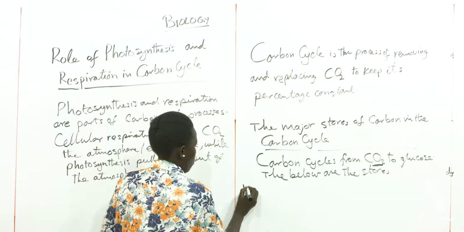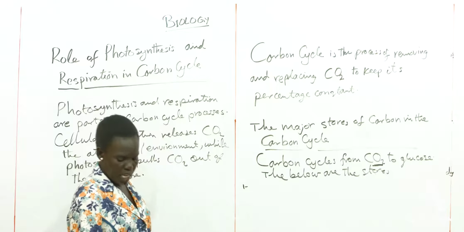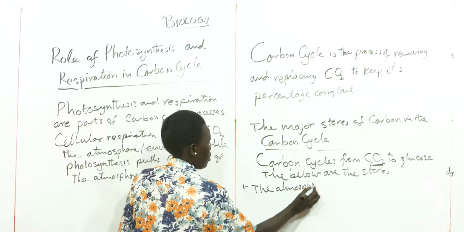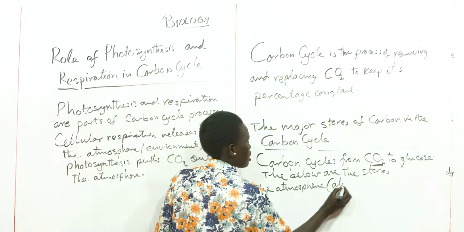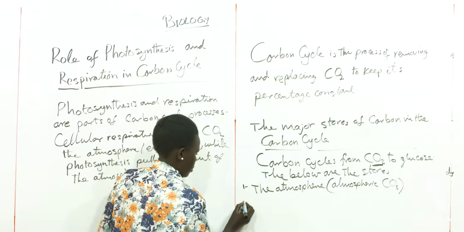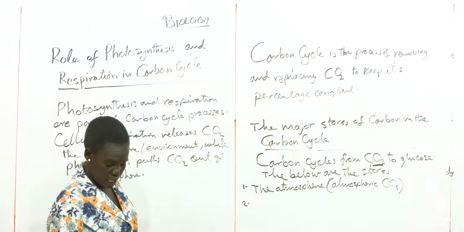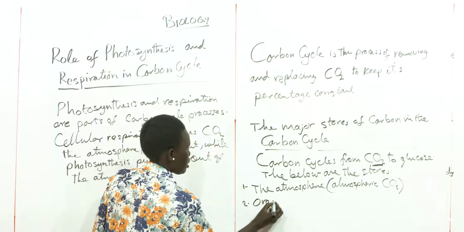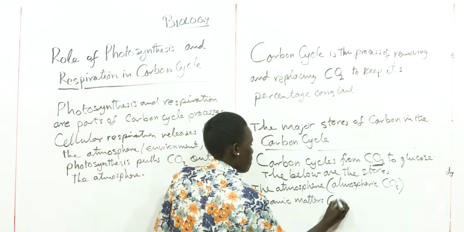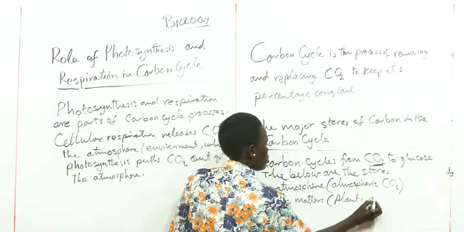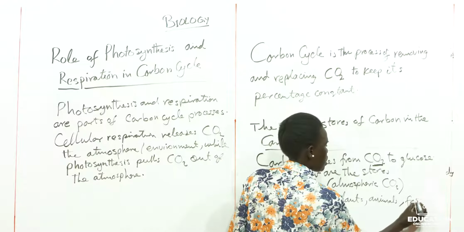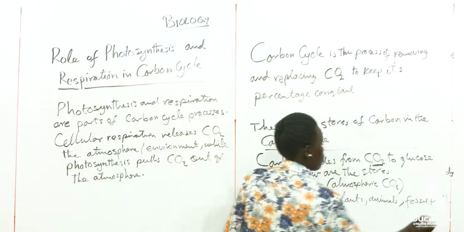The stores: 1. This carbon dioxide, we can get it from the atmosphere, or atmospheric carbon dioxide. Another place from where we can get it is organic matter, that means from the body of plants, animals, and from the fossil fuels when we burn them.